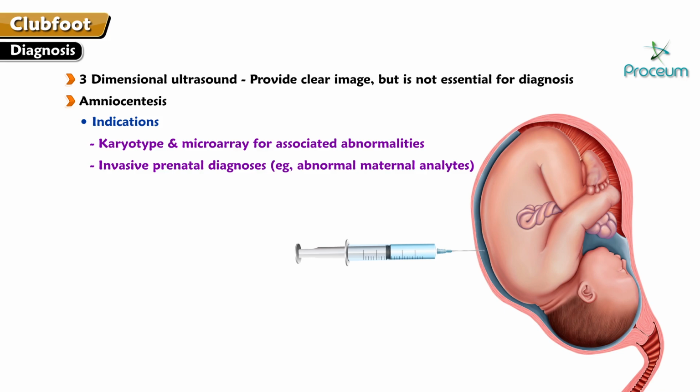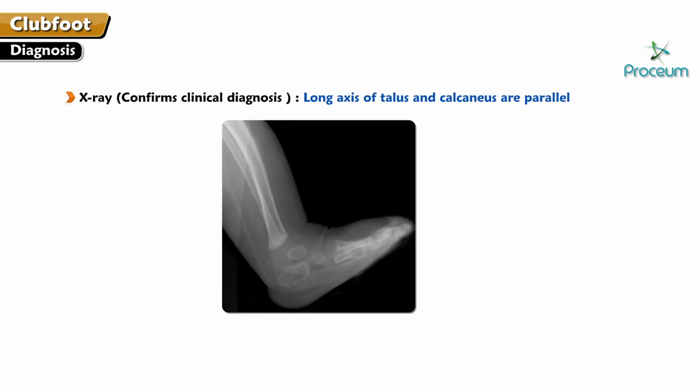As per guidelines, clinicians perform amniocentesis in the setting of isolated clubfoot because associated abnormalities may not be detected by ultrasound, and small numbers of karyotypic results from these cases limit the reliability of published estimates of risk. The X-rays can confirm the clinical diagnosis, with the long axis of talus and calcaneus being parallel.